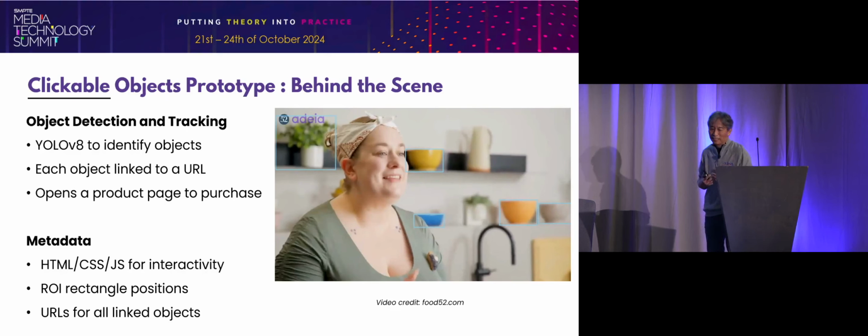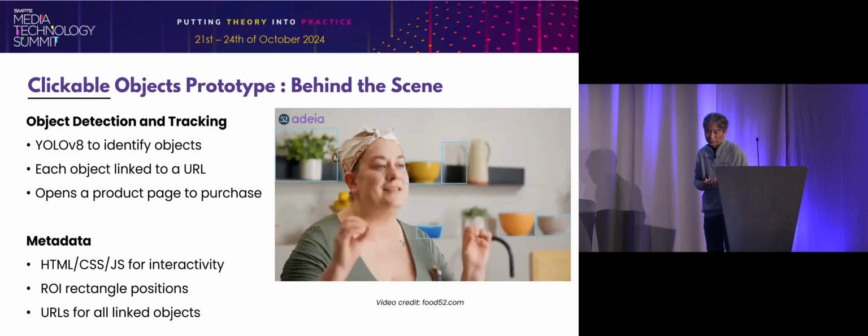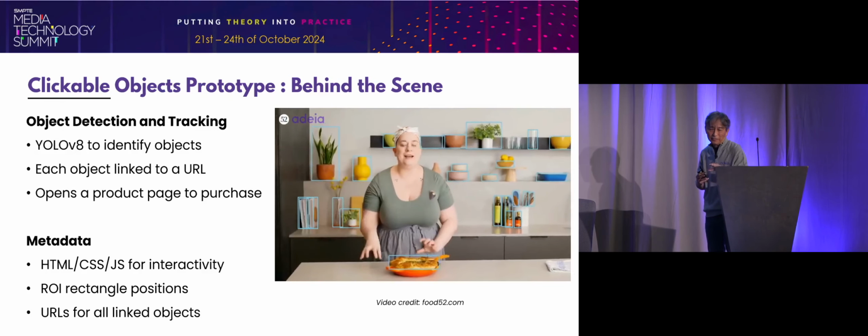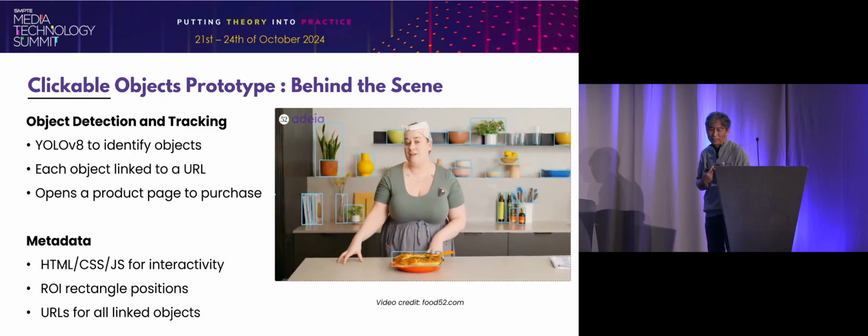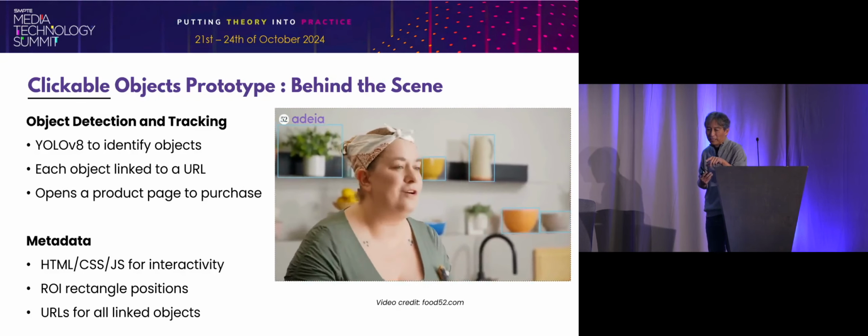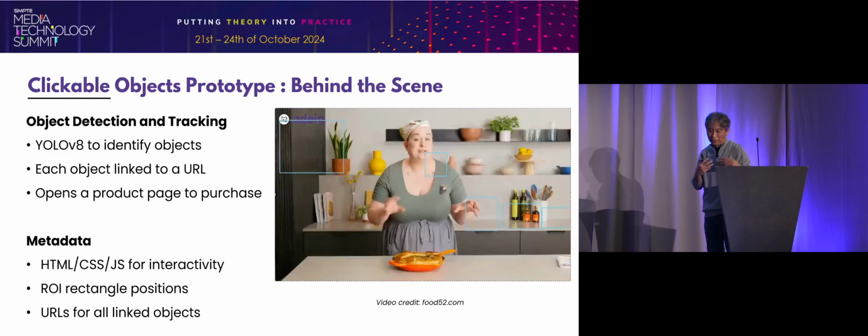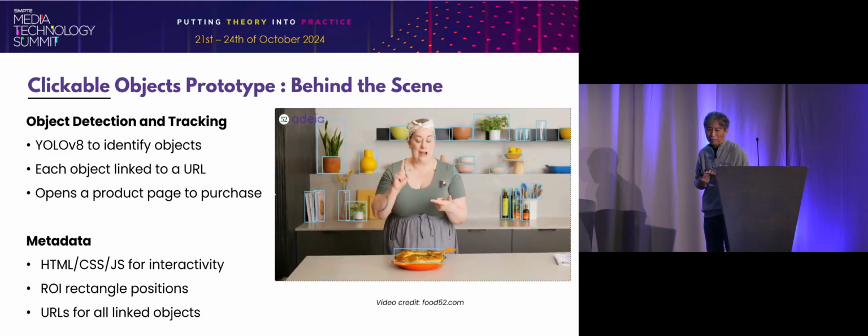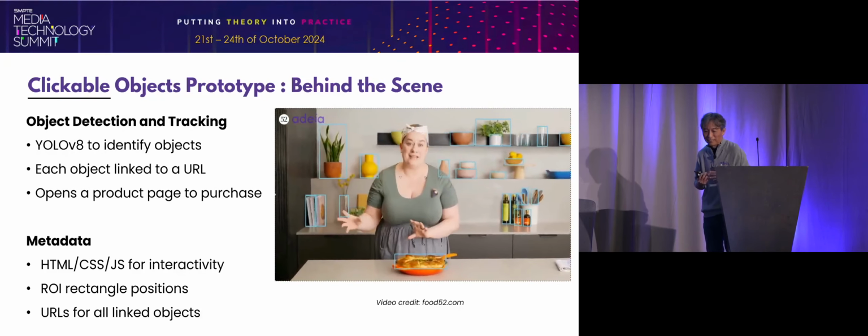So if you click, it will jump to a URL, and the web page is shown in a separate window. So this is how it works. You see all the rectangles that are detected objects. If you click inside one of these rectangles, it'll open up the web page of that particular product.